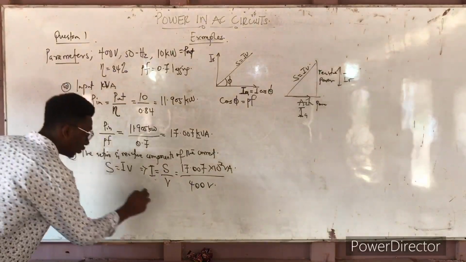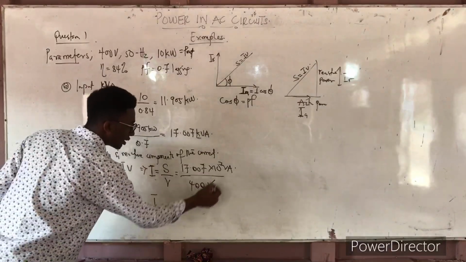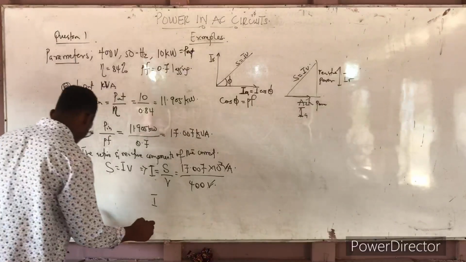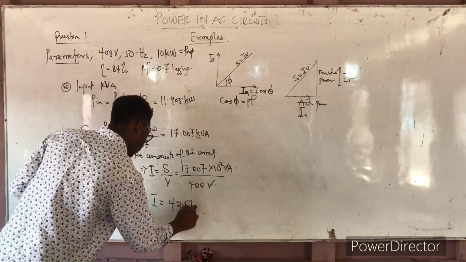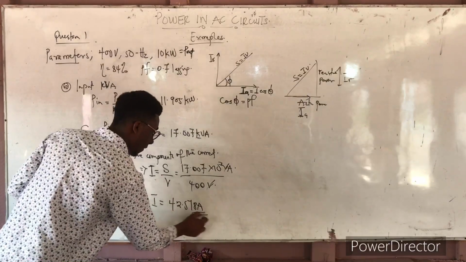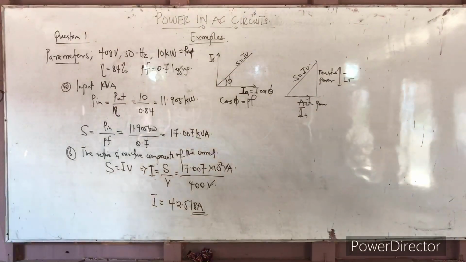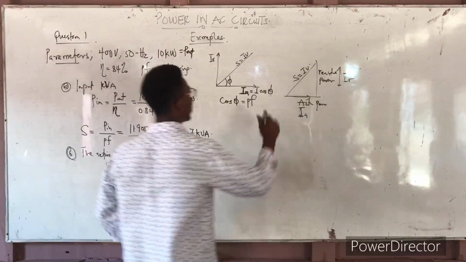The volt cancels, and you get 42.518 ampere. This becomes the total current.